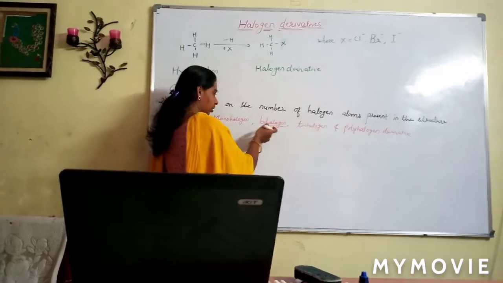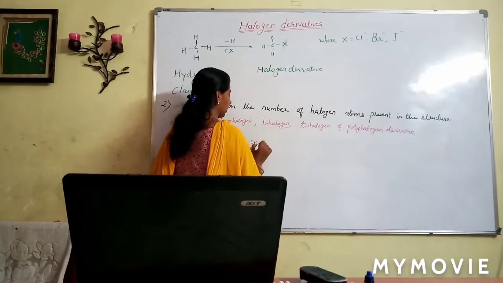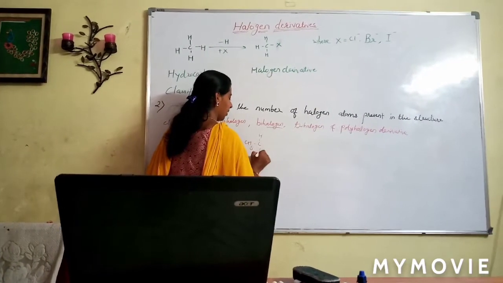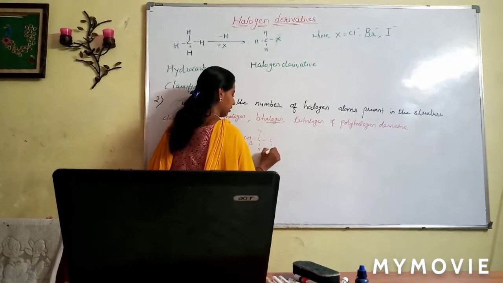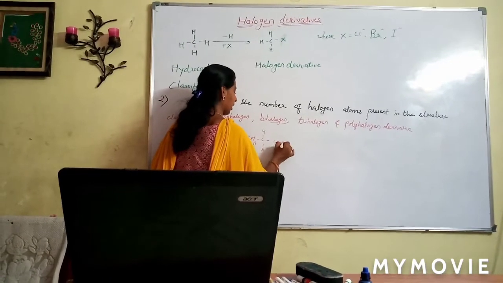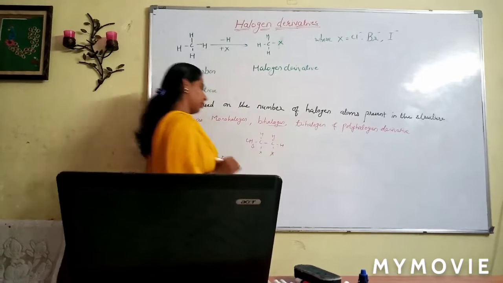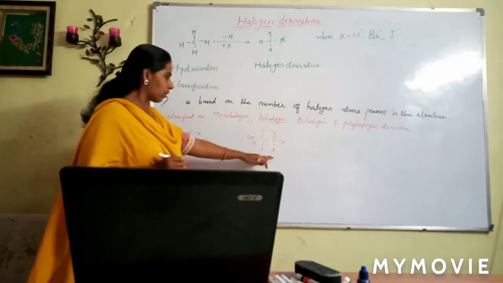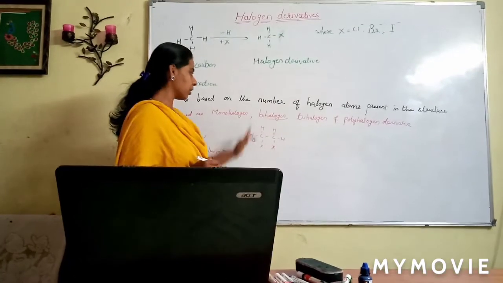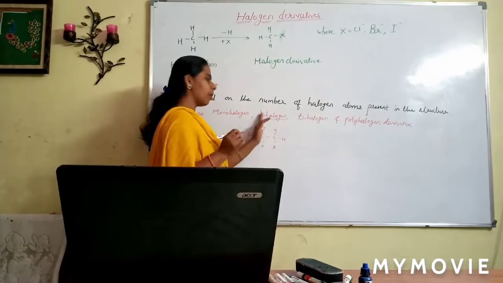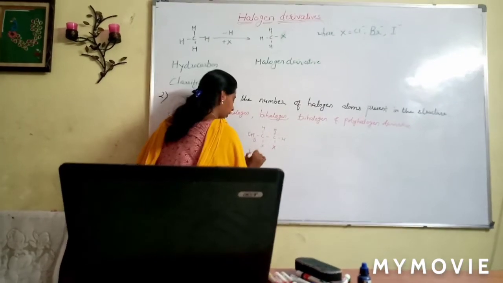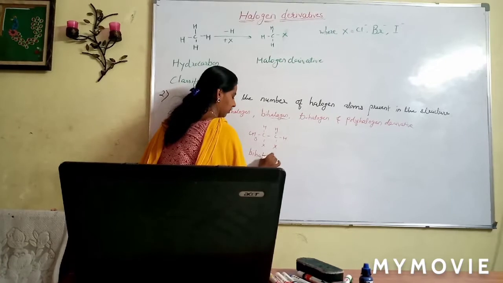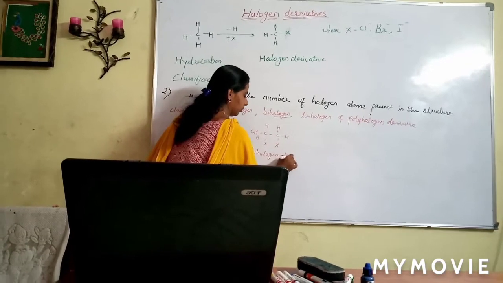Now what about bi? Two halogen atoms are there. We can see on the basis of the name also: CH3, CH, one X, this X, also another X, and these are hydrogens. So in this structure, two halogen atoms are present. So this structure will come under the category of bihalogen derivative.